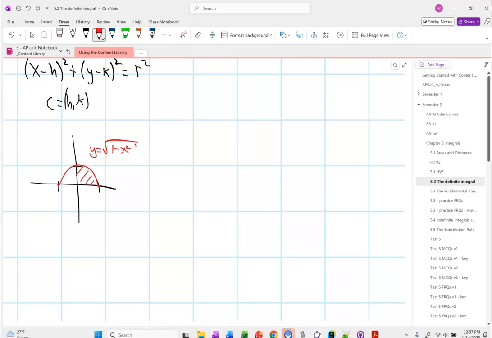What is that? 1/4 of a circle. So to calculate this area, I can do 1/4 of pi r squared. Great. And what is r in our case? 1.